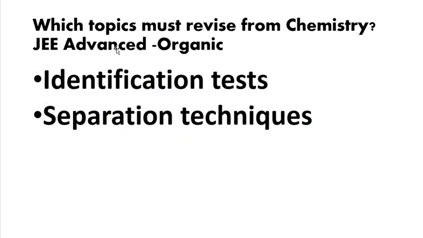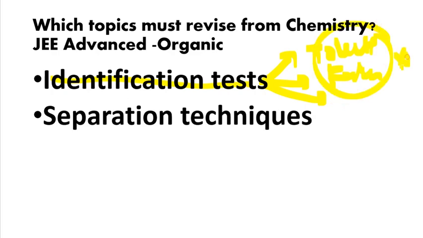Now, some important identification tests. Here I suggest you look at Tollens test and Fehling's test. These are very important tests we can expect in JEE Advanced examination, because frequent questions have been seen in previous year examinations. And also look at the basic separation techniques. Just try to know their basic concepts.